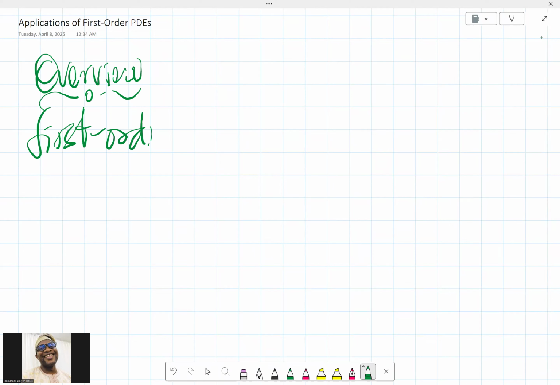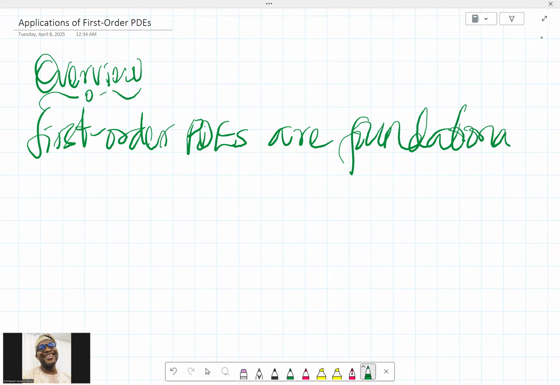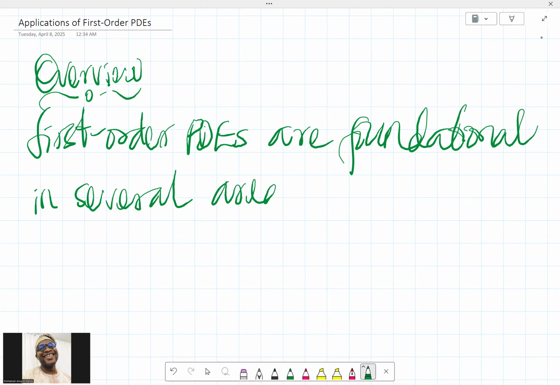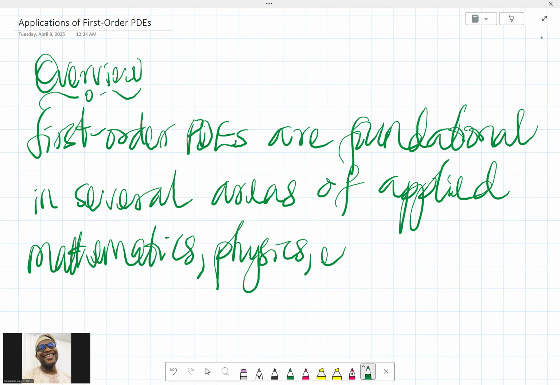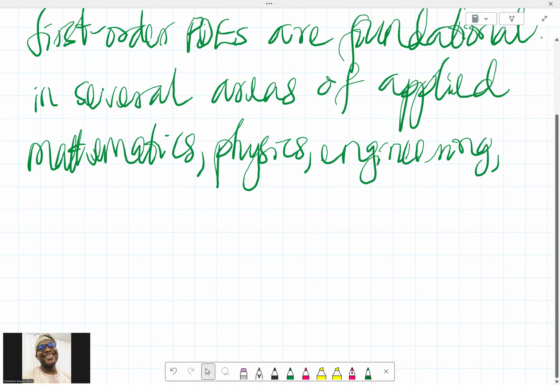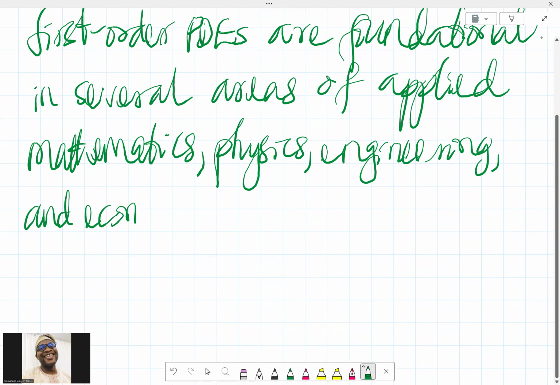First order partial differential equations are foundational in several areas of applied mathematics, physics, engineering, and economics.